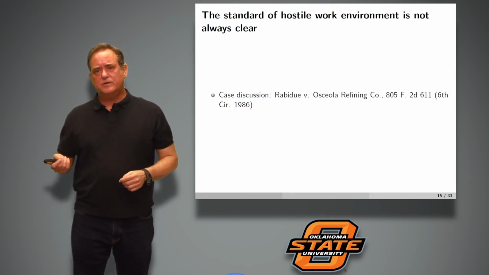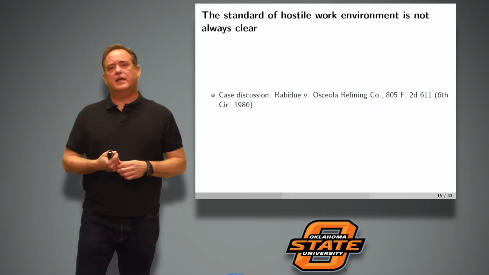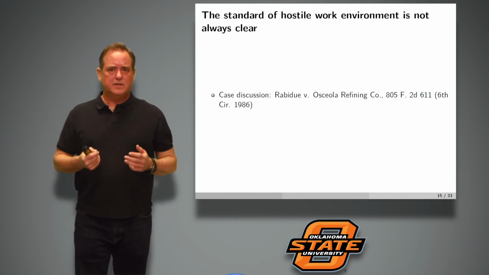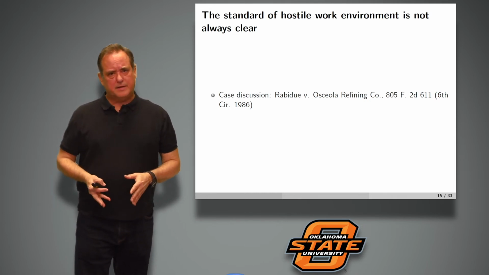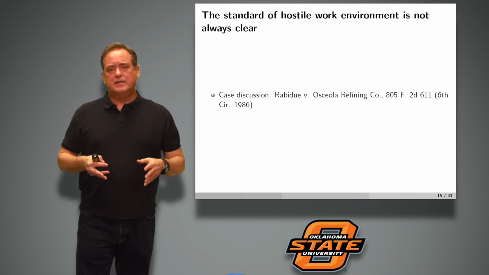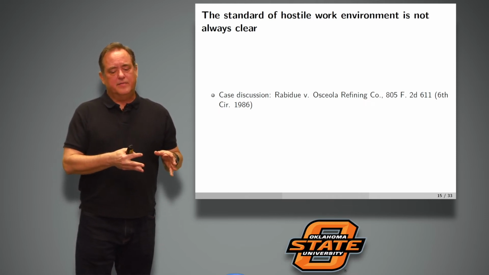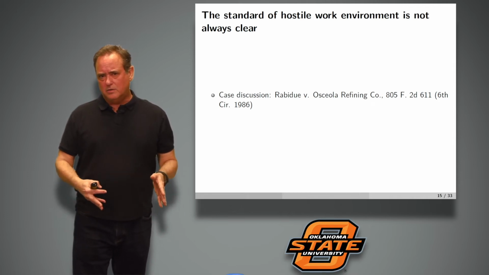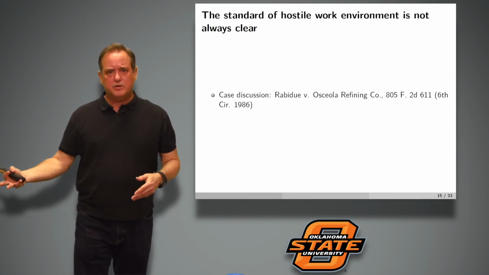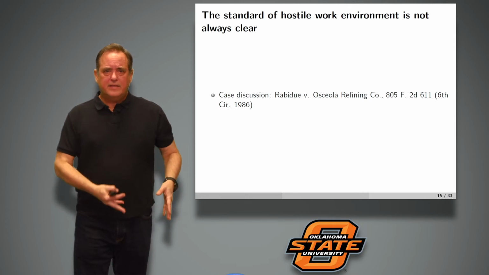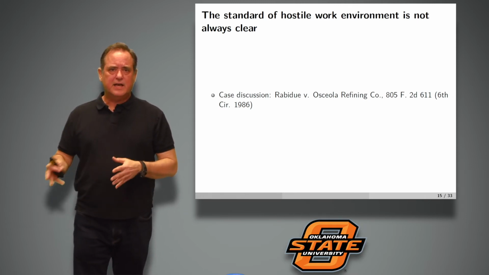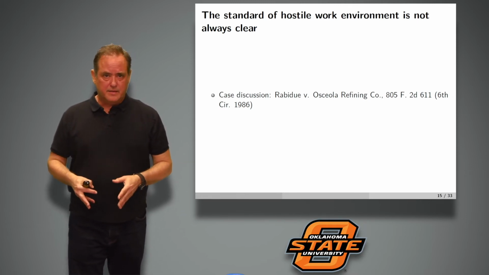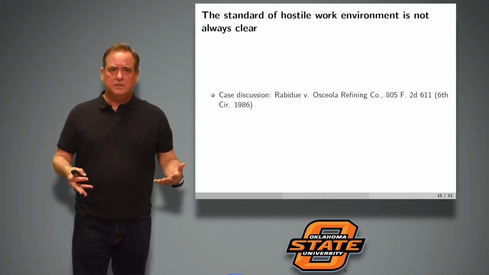Now, this case goes to the Sixth Circuit, and the Court of Appeal sides with the oil company, the refining company, saying that there was a pattern of behavior that had been perfectly legal for years beforehand, and the introduction of women in the workplace did not suddenly make that behavior illegal.